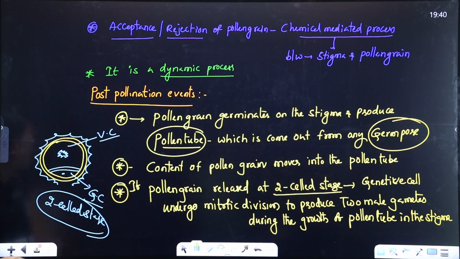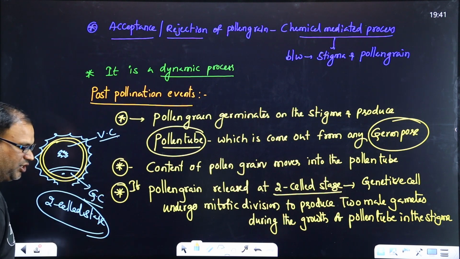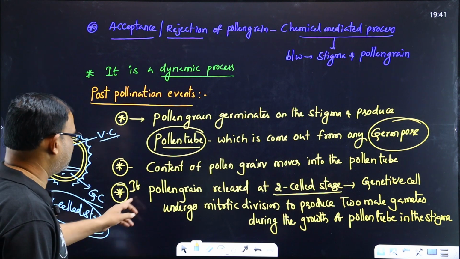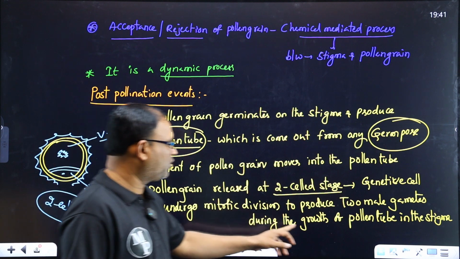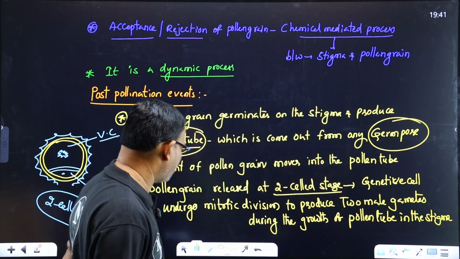Over 60% of angiosperms release pollen at the two-celled stage. So during the growth of the pollen tube in the stigma, this happens. Very, very important.